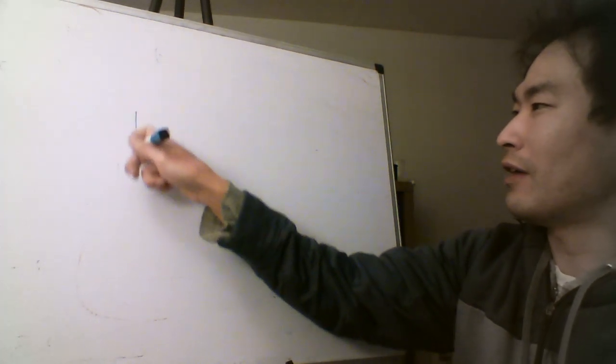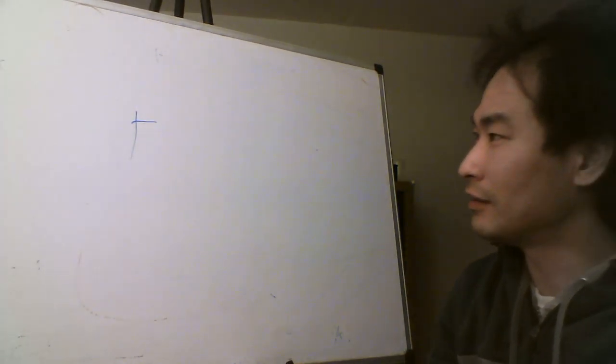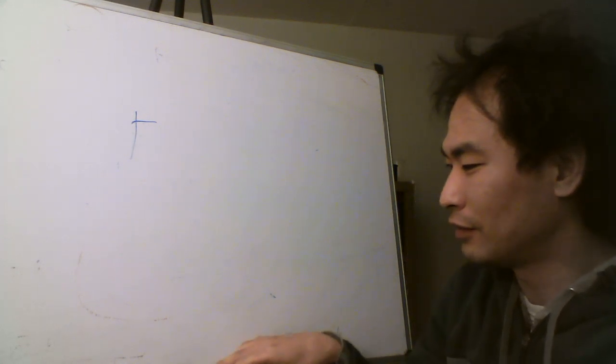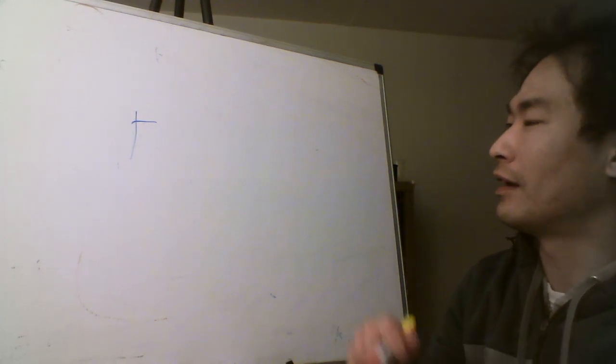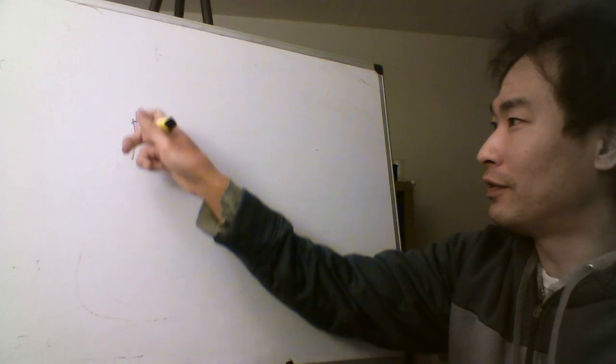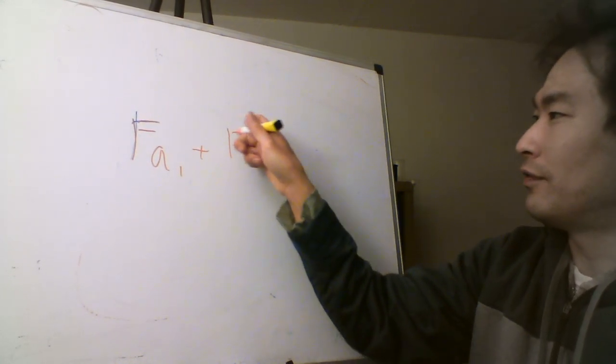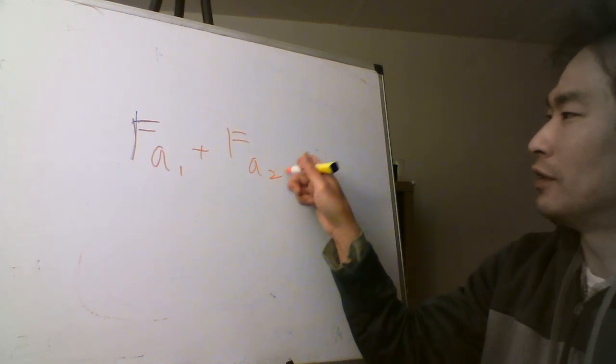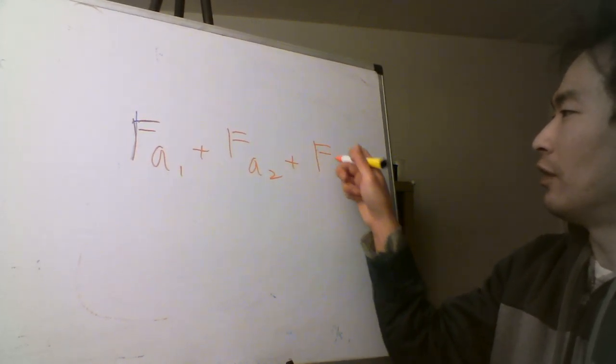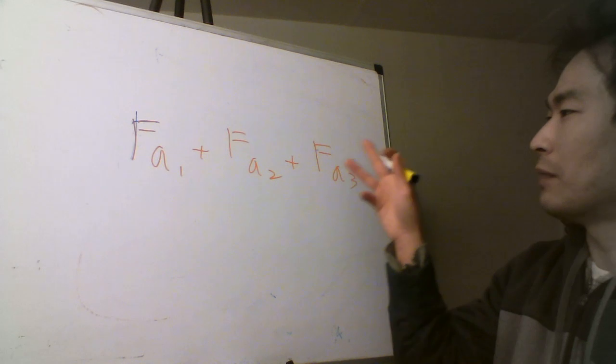All right, so we have F of a1 plus F of a2 plus F of a3 and so on.